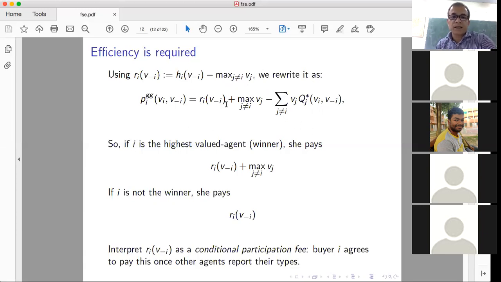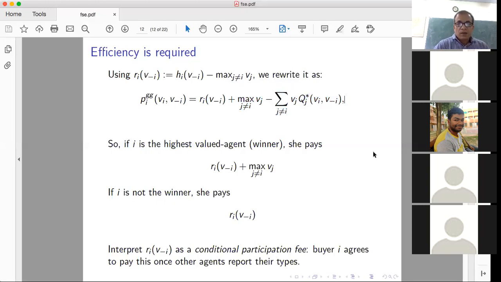The idea here is that if I write the h_i function like this, then I have this r_i(v_{-i}) plus this term, which is the payment of the bidder in the Vickrey auction.